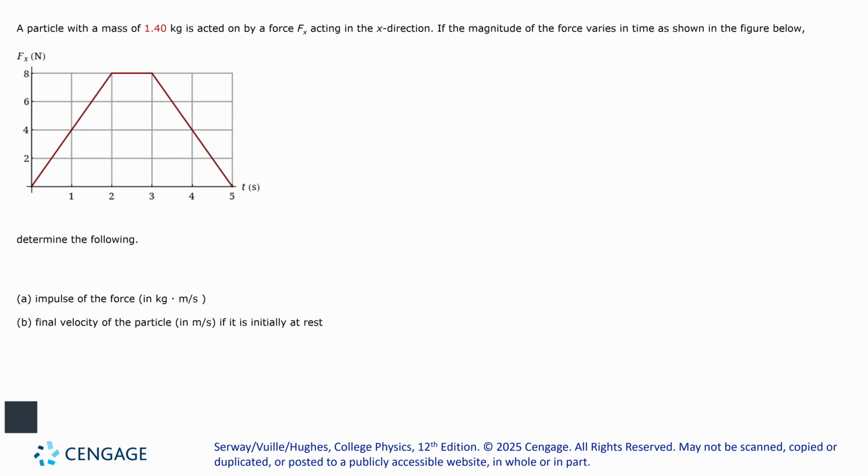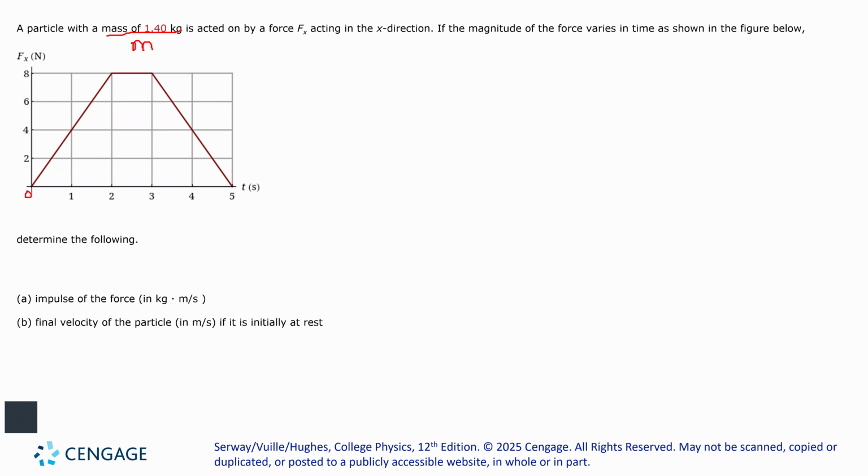Here's another example where we're going to use impulse as an area under the force graph. We're given that the mass is 1.4 kilograms, and the force is a variable force that changes with time.